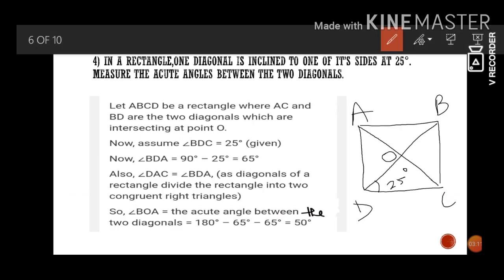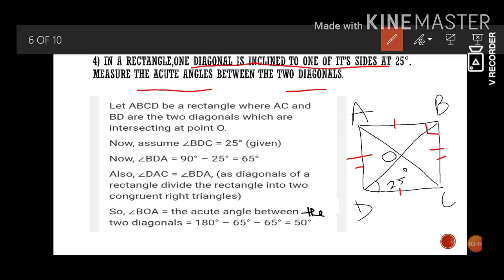Question number 4. In a rectangle, one diagonal is inclined to one of its sides at 25 degrees. Find the measure of the acute angle between the two diagonals. Now in a rectangle, we know opposite sides are equal and the interior angles are all 90 each. In the question it is given one diagonal is inclined at 25 degrees.